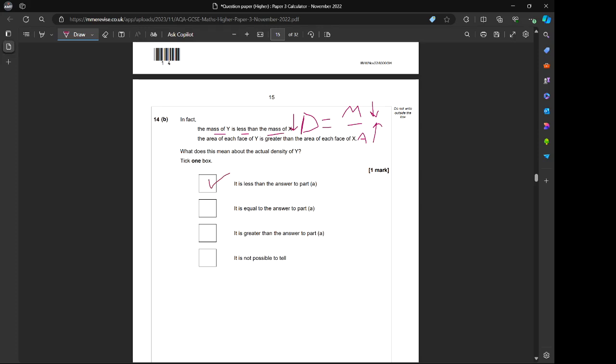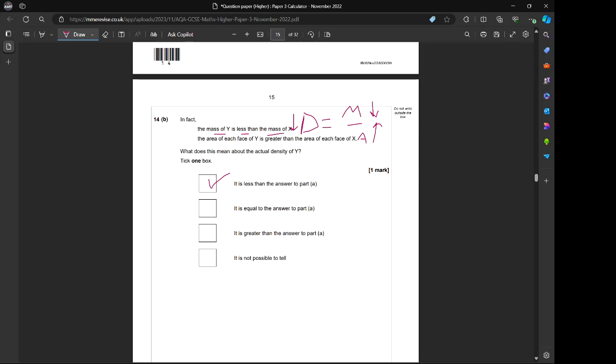Are we happy with that? The bigger the denominator, the smaller the fraction becomes. That's the key to remember. The bigger the denominator, and the smaller the numerator, the smaller the fraction becomes overall.